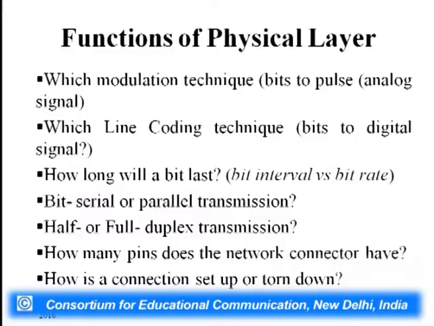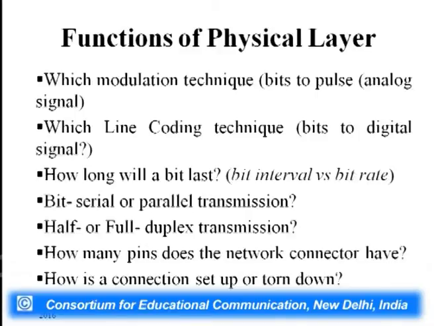Now, if you look at the various functions of the physical layer in toto, to summarize, one of the functions is modulation. I will talk in detail, but modulation is where you have to modify a signal so that it can be transmitted. That has to be decided by the physical layer, what kind of modulation techniques are to be used for transmission of a signal.